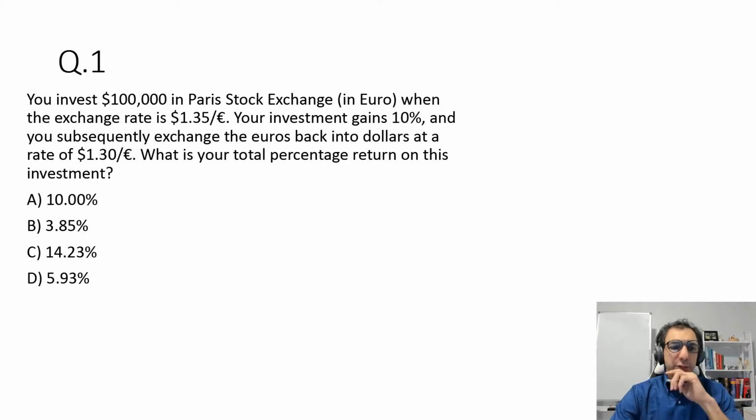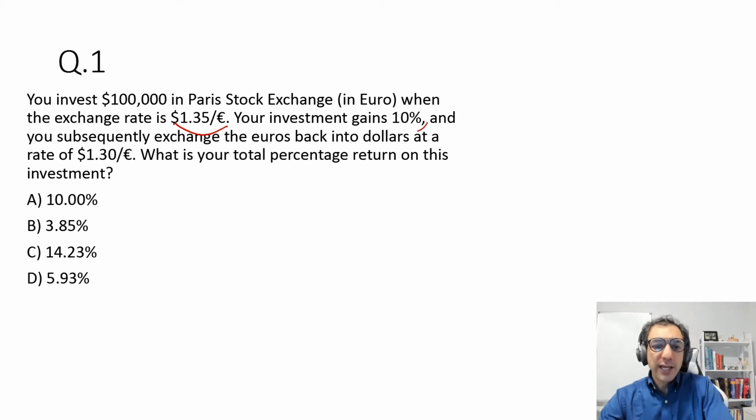So let's go with the first question. Let's say you have $100,000 and you want to invest in the Paris Stock Exchange, which is in euro. You found this very great company, but it's on the Paris Stock Exchange, so you have to convert your money to euro. The current rate, let's assume, is 1.35 dollar per euro, which means that if you want to get 1 euro, you have to pay $1.35.